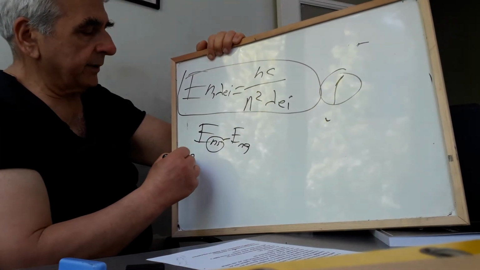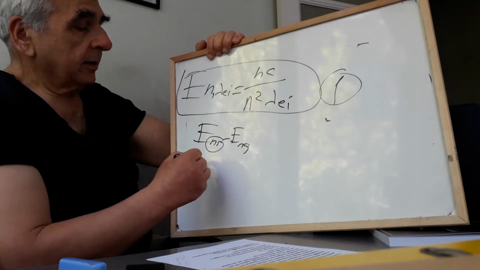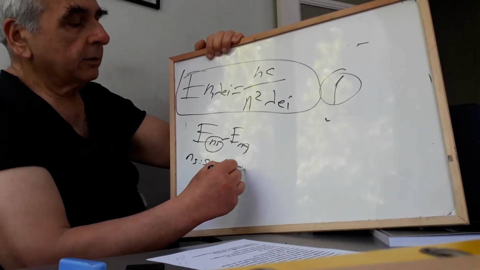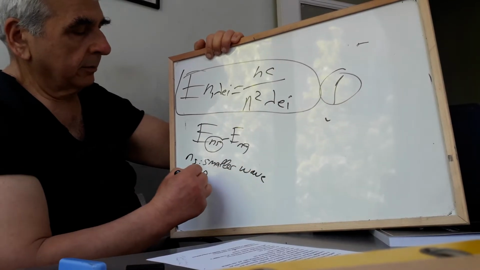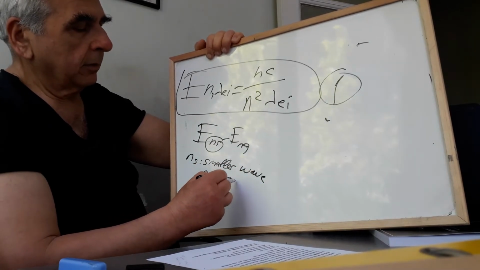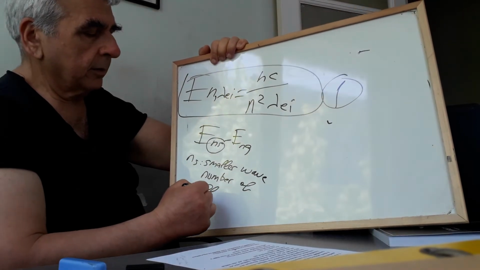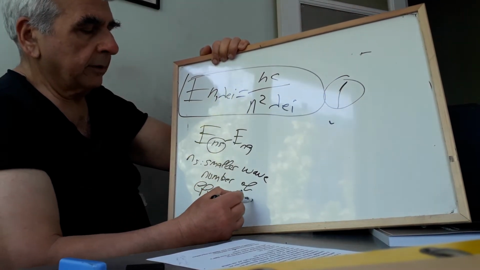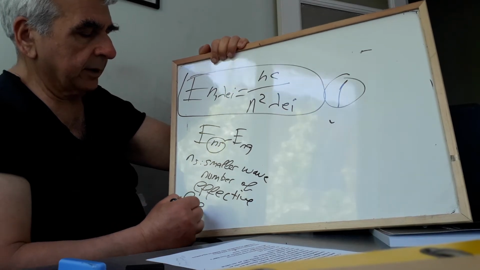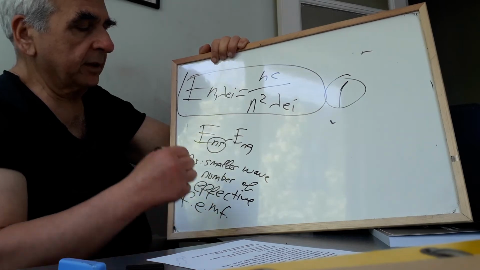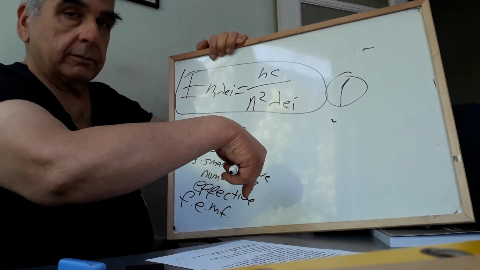What was NS? Smaller wave number of effective free electron motion forms successive wave. Okay.